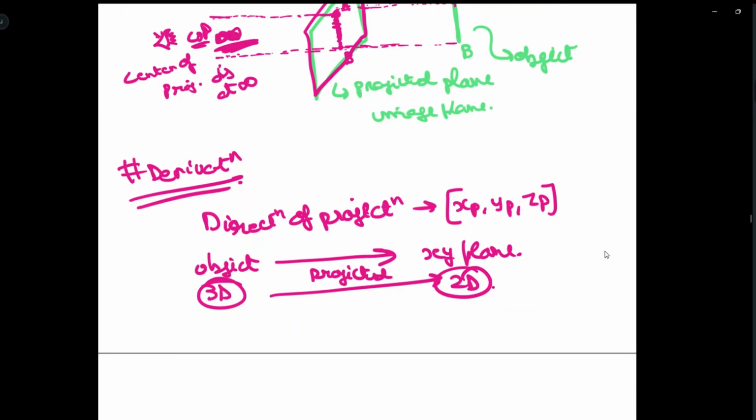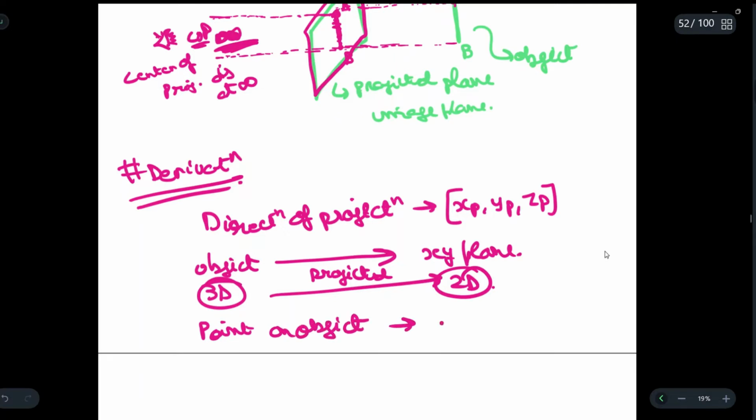Now let us say we have a point on the object given by x1, y1 and z1. So first we have the direction of projection, second the object is being projected on the xy plane, and third the point on the object is given by x1, y1 and z1.